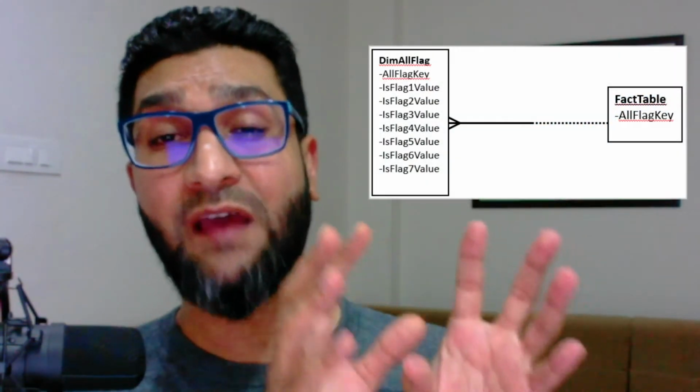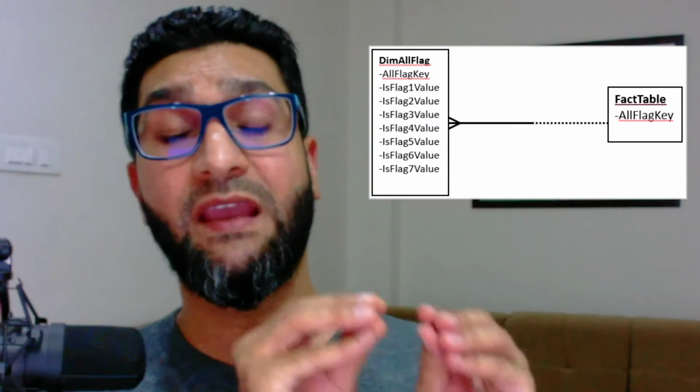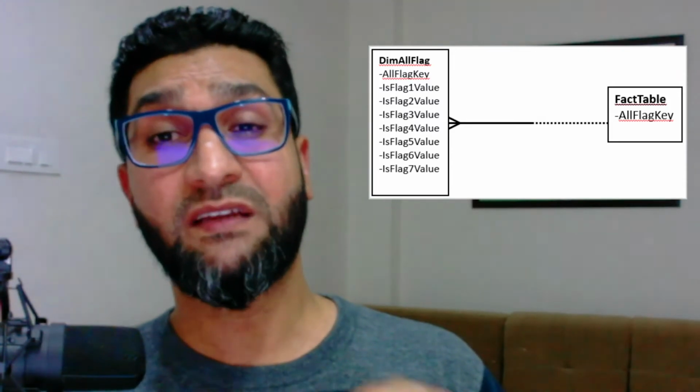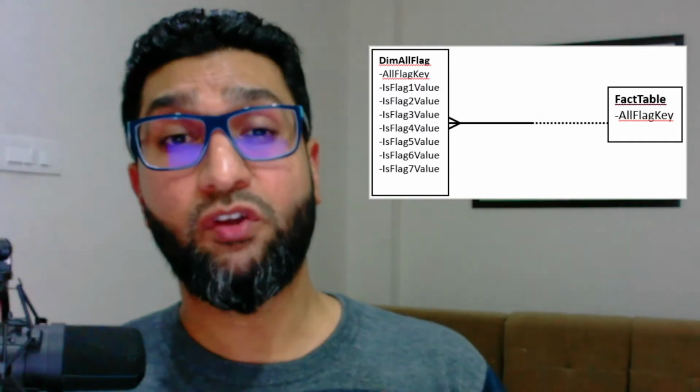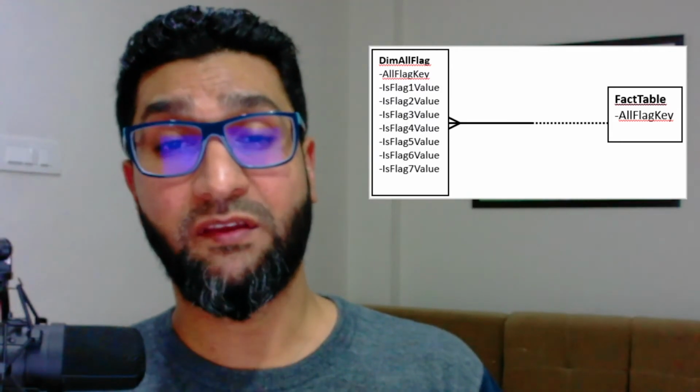If we put all these flags or indicators within the fact table, then we need to create a lot of small dimensions and so on and so forth. So it's going to be messy. So that's why we create a separate dimension table that we consider to be a junk dimension, which can be connected to your single fact table with the foreign key, and that makes things very simple.